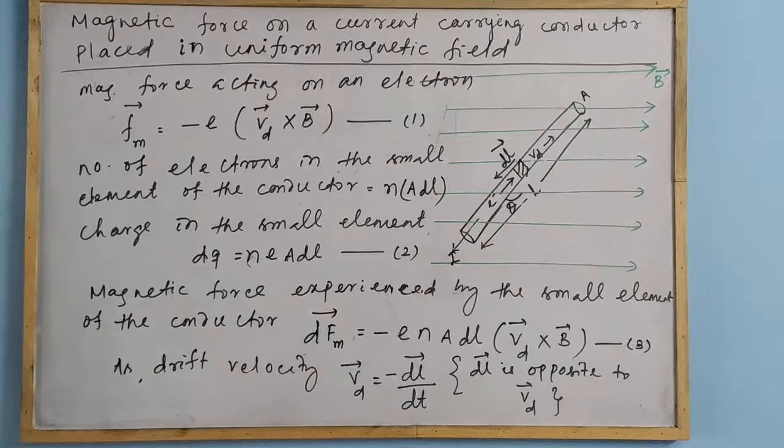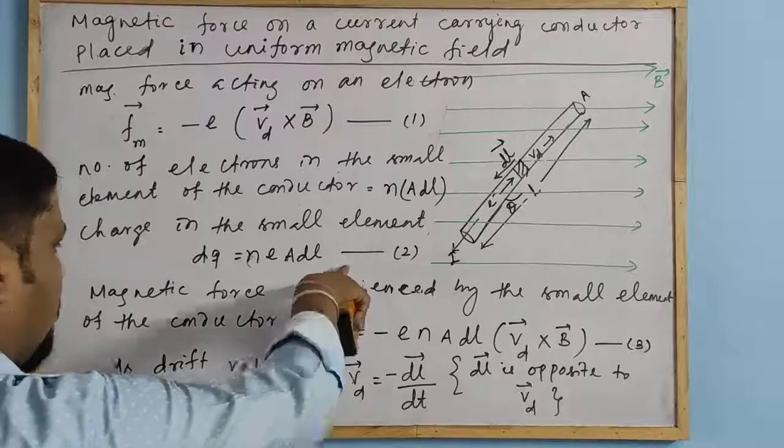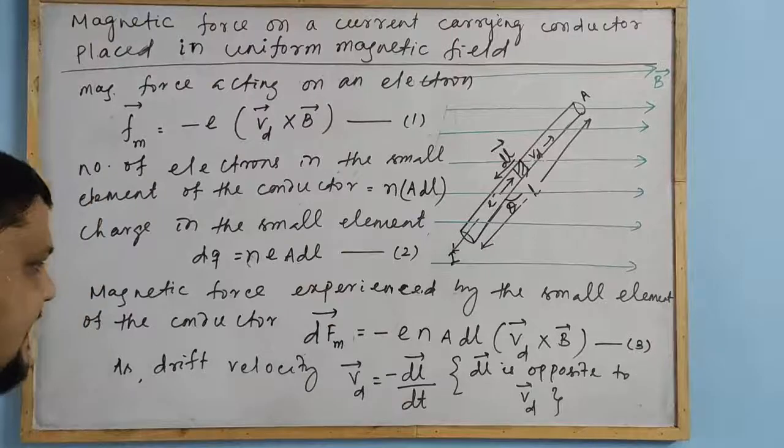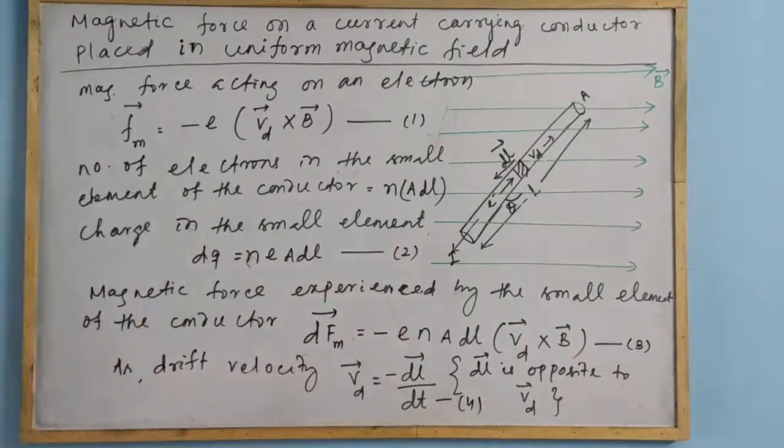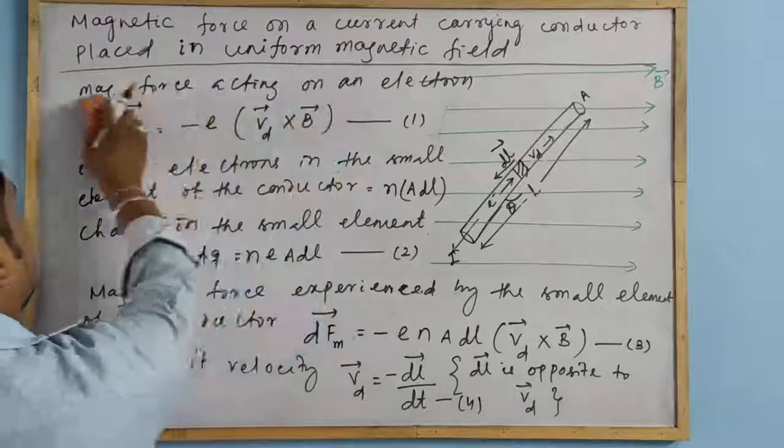And another thing is that, what? So already you know this is equation 3, and let this be equation number 4. Now we put that, and now dFm. Now come to this one from equation 3.